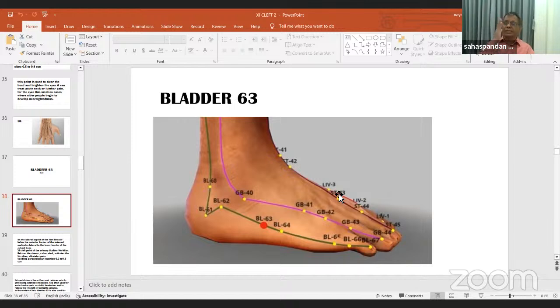Needling, how can you needle? Needle with perpendicular insertion, 0.3 to 0.5 cun.